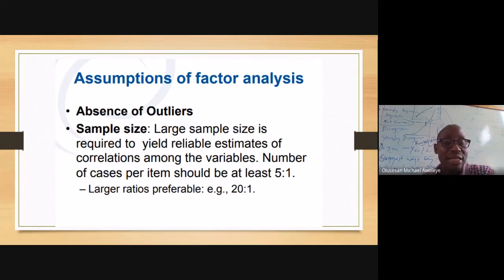Another one is saying a larger ratio is preferable, between a threshold of 20 to 1. That is, you have 20 cases, you reserve 20 cases for one item. Let me explain.